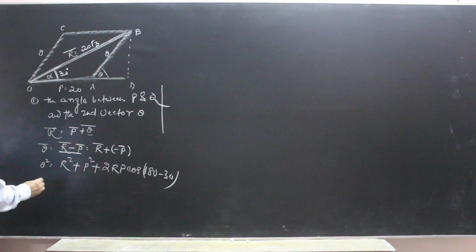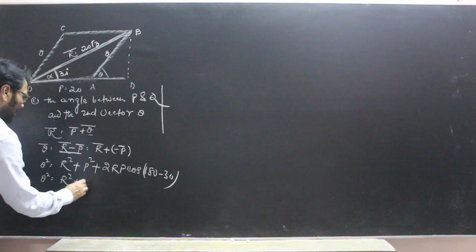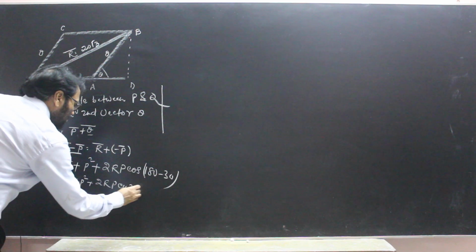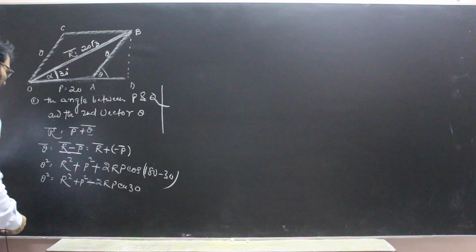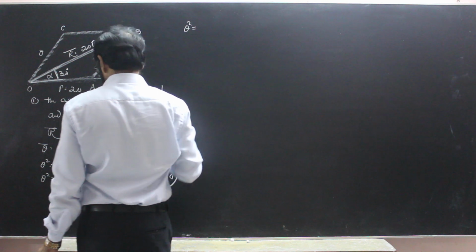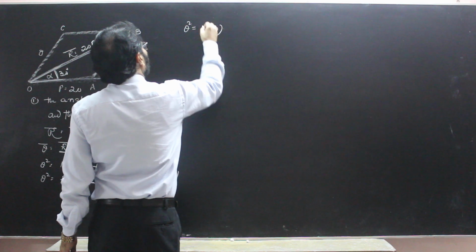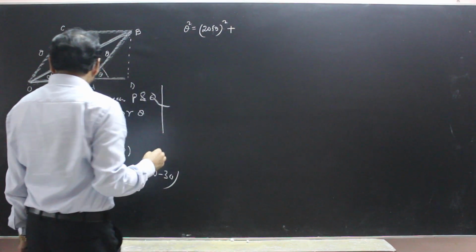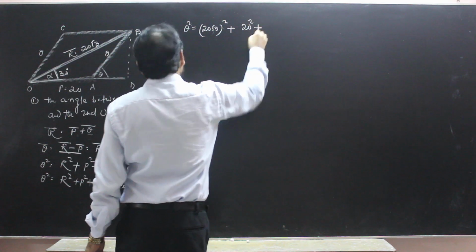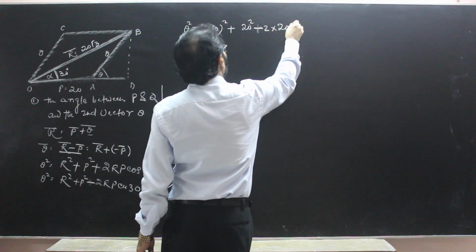So Q square is R square plus P square plus 2RP cos 30 degree with a minus sign. Now we can easily calculate the value of Q square as R is 20 root 3 whole square, P is 20 square and minus 2 into 20 root 3.